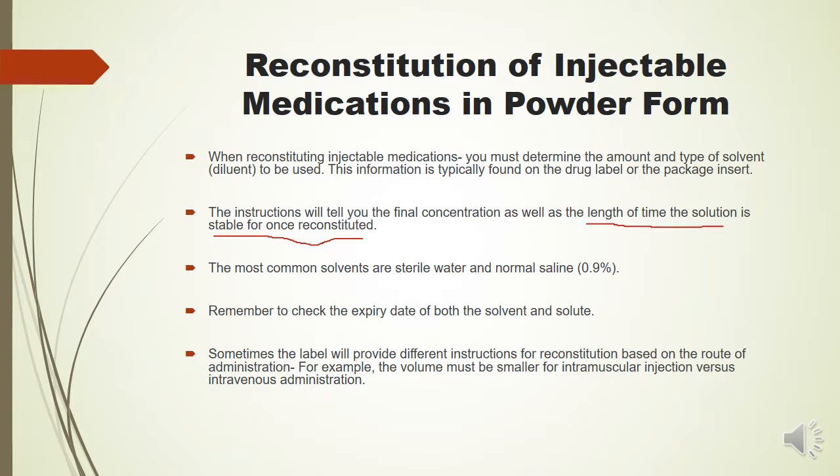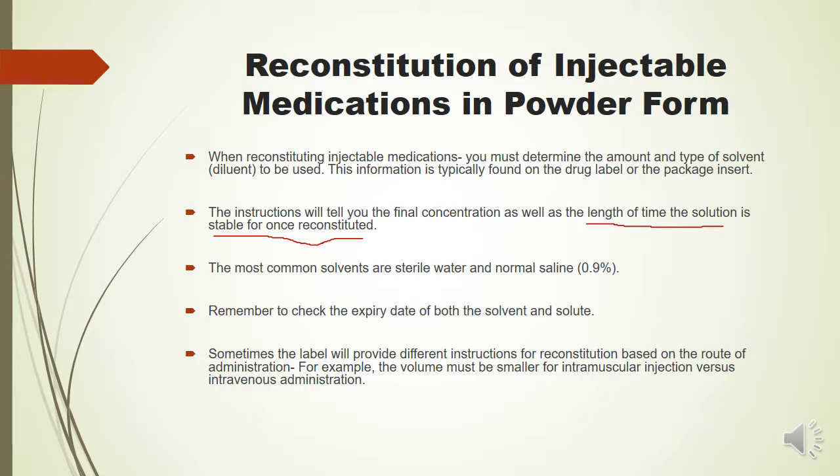And again, if it goes beyond that expiration date, then you're at risk for having decreased therapeutic response to it. It could be dangerous in some cases. So always checking those expiry dates. The label also provides different instructions sometimes for the reconstitution based on the route of administration.